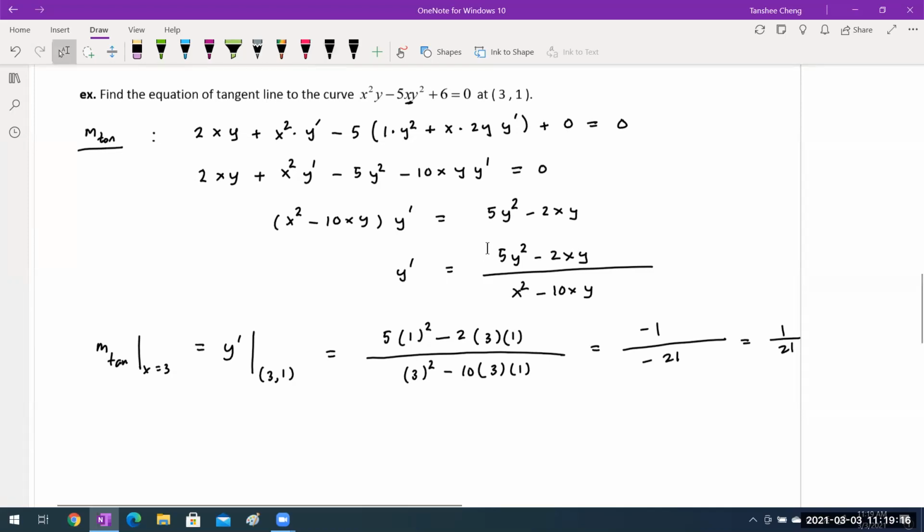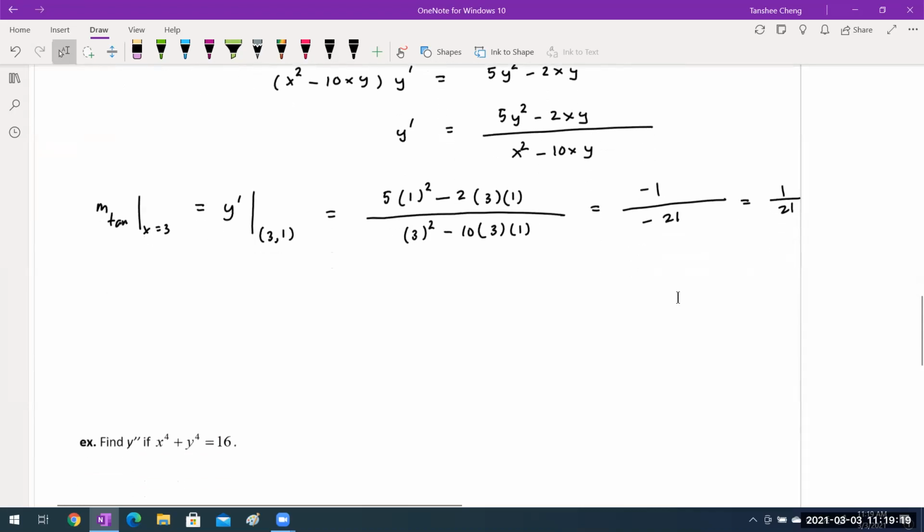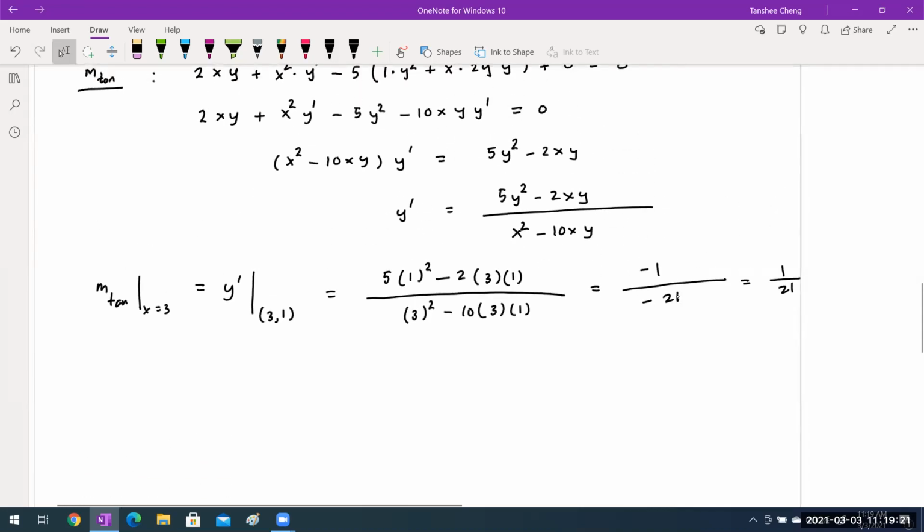Now I have the slope and I have the point, so I can find the equation of the line. Using point-slope form, y minus y1 equal to m times x minus x1, which is y minus 1 equal to 1 over 21 times x minus 3.